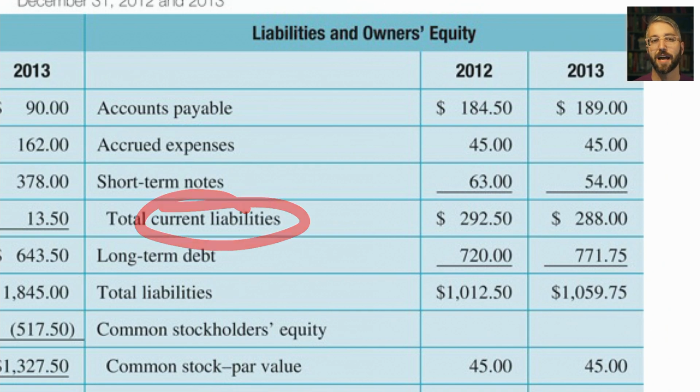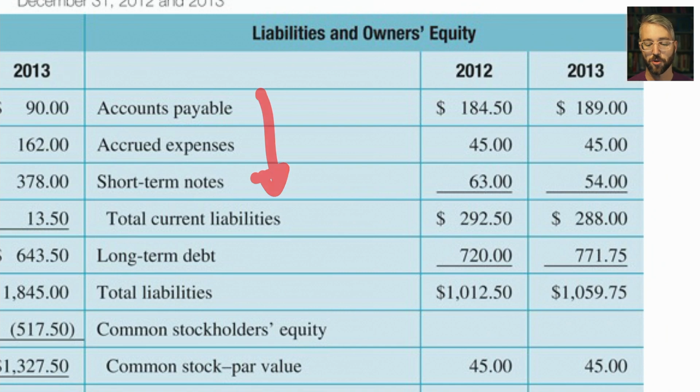The firm's current liabilities means liabilities or debts that it expects to have to pay within the next 12 months. So that current asset and current liability split is typically based on less than 12 months versus more than 12 months. And as we move down from AP to short-term notes, these things are perhaps longer term, but also we move from things that are directly related to production and sale of goods to things that may not be.